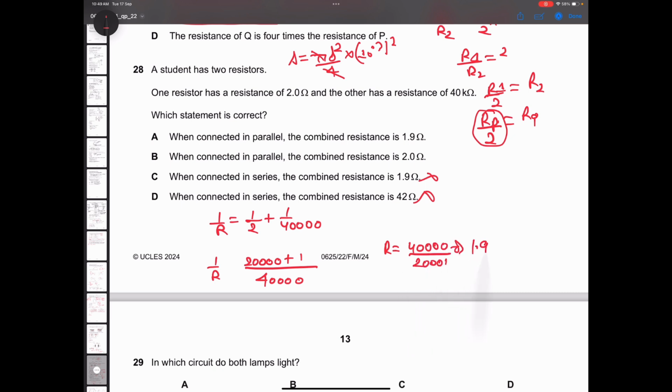The answer is coming out to be 1.99, which is equivalent to 2 ohms. And it is in parallel, so the answer will be 2 ohms. Do not make the mistake of converting 1.99 to 1.9. It is incorrect. 1.99 is more close to 2 than it is to 1.9, right? If it was 1.89, then your answer would have been 1.9. But now it is 1.99, which is equivalent to 2 ohms. So that is why B is the correct answer.